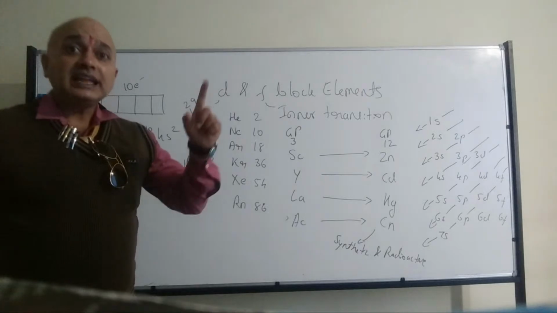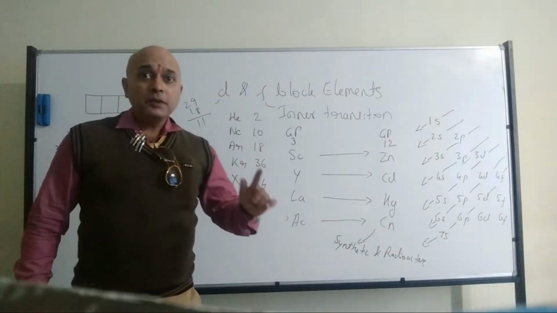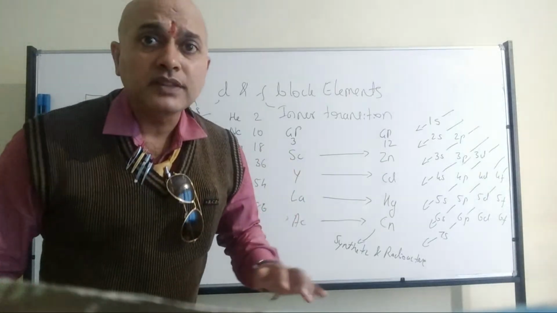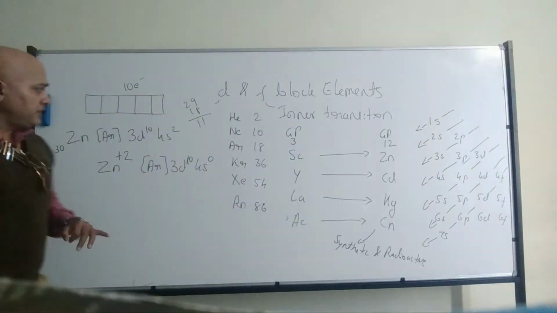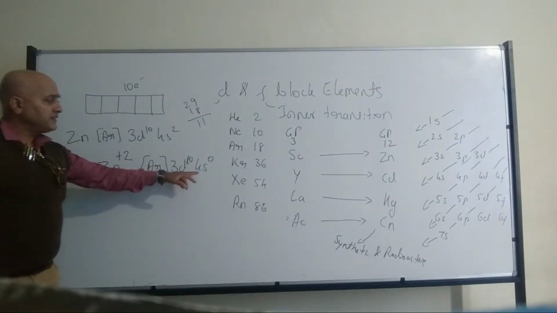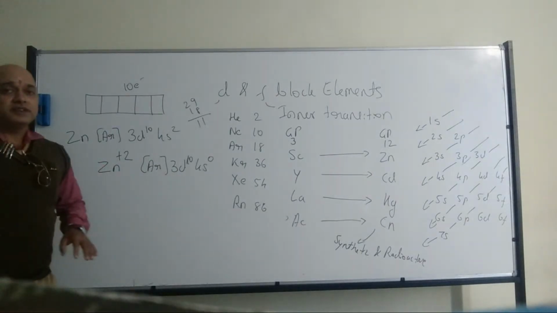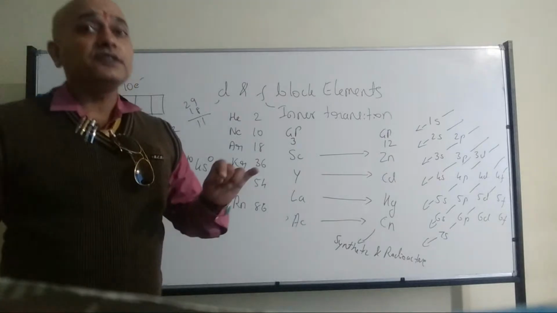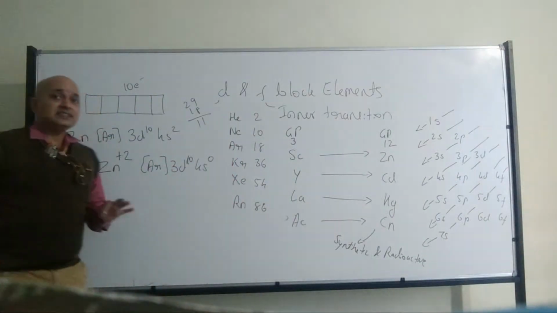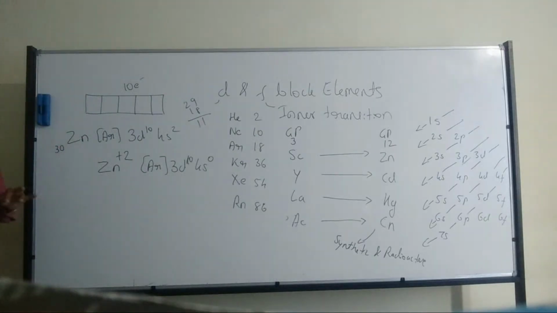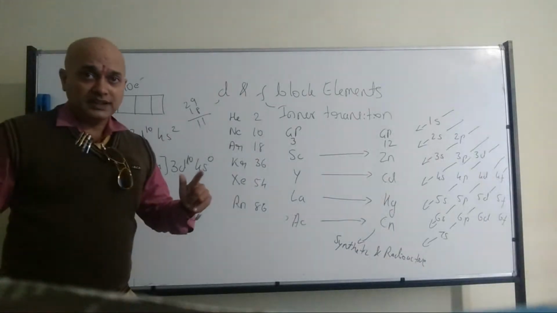Unlike copper, where in elemental form it was completely filled, but in one of the ionic forms, Purnima, what is that s subshell you wanted to tell? You wanted to tell that the s subshell is 0, means no electron in zinc plus 2, right? Yes. So what is the difference between copper and zinc? When it comes to copper, in elemental form the d subshell was completely filled.